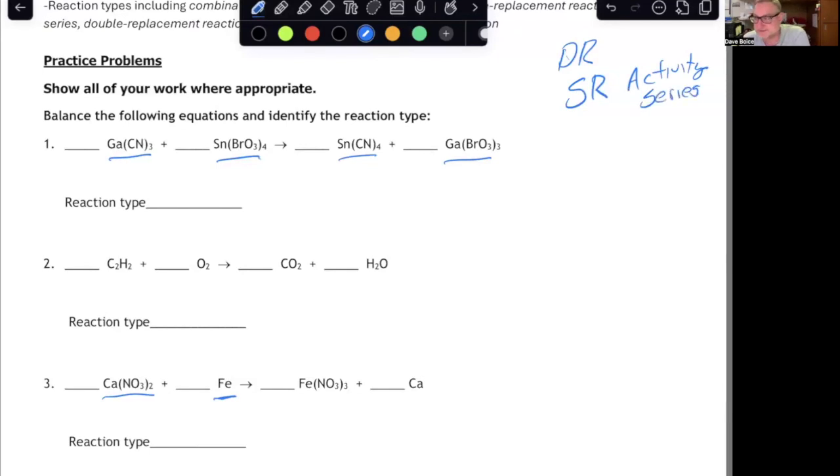And I'll show you what that means in a minute. From there, we have combustion. And remember, the combustion of a hydrocarbon, like here, where you have carbon and hydrogen, is always going to react with O2 to form CO2 and H2O. This is one of those things you just have to know. It won't always be told to you in a question.